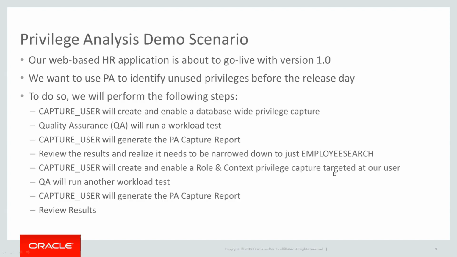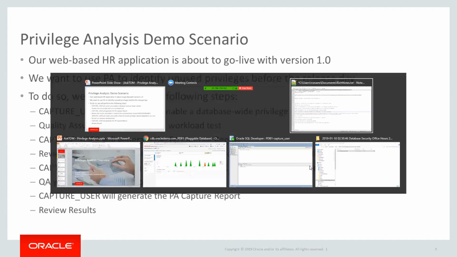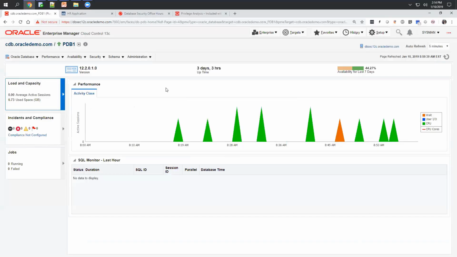During this process, you can think of this as maybe if you do sprints or build iterations, whatever your design is for building an application, you can incorporate privilege analysis into that process. So we'll switch over to my web browser here. I've got Enterprise Manager Cloud Control 13c, and I've got my HR application.